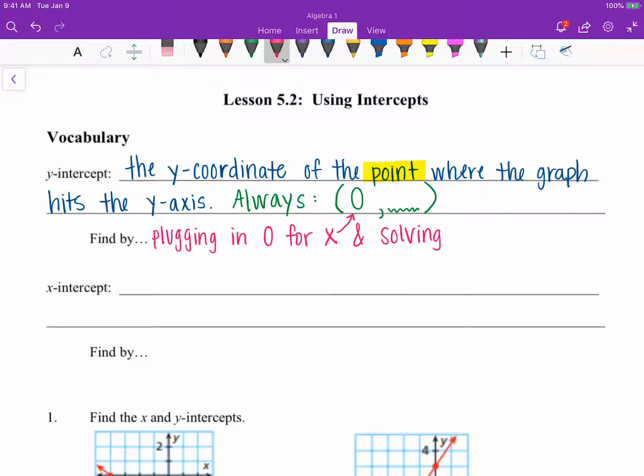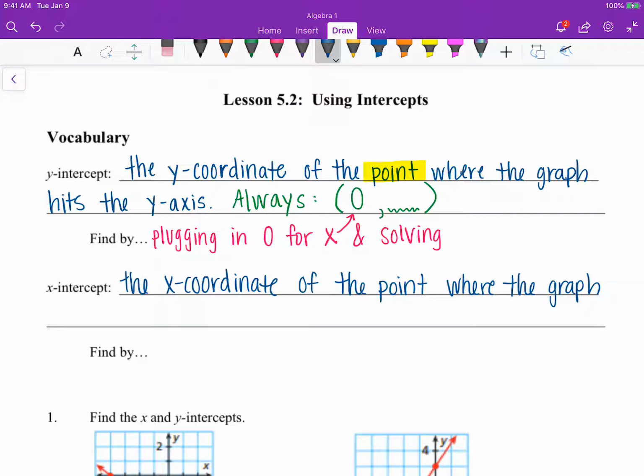Same thing with the x-intercept. The x-intercept is just the x-coordinate of the point where the graph hits the x-axis.